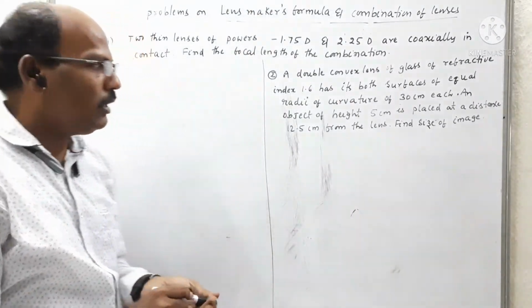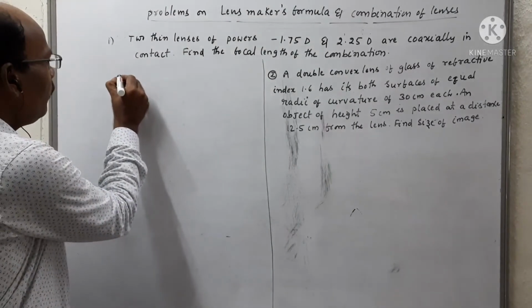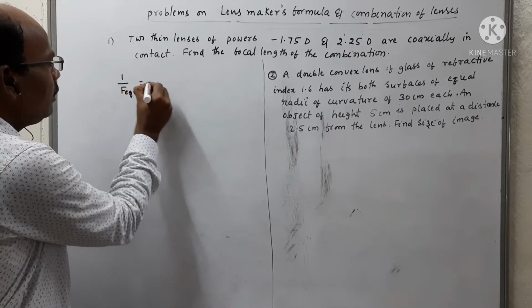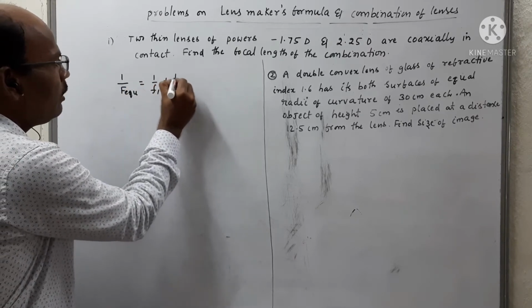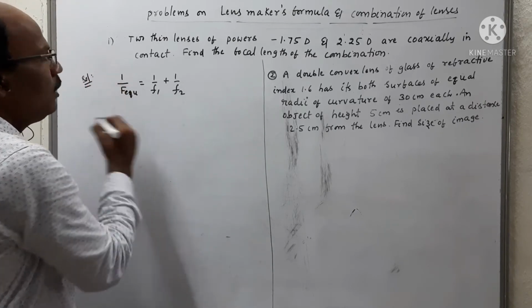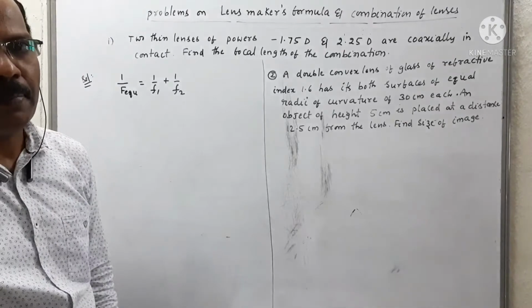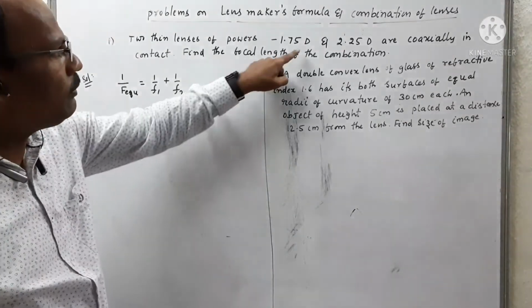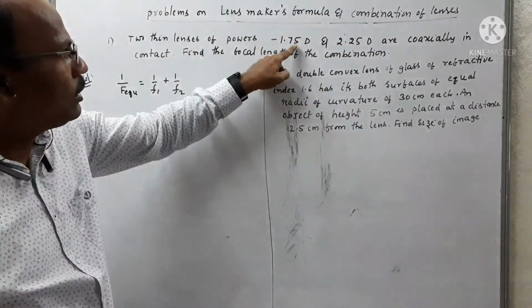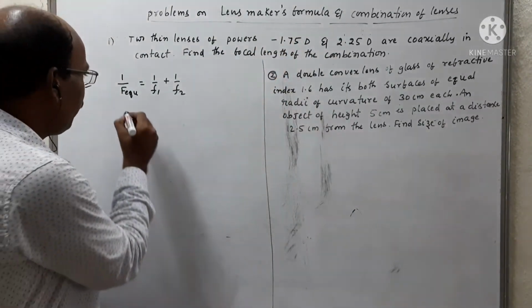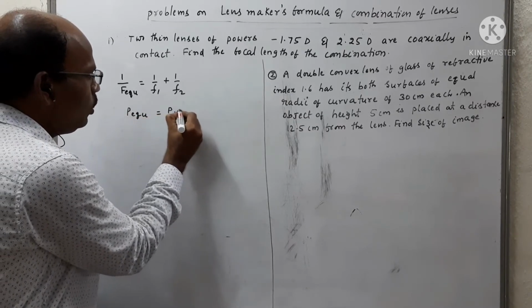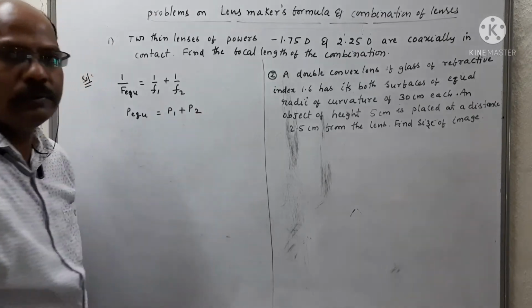So already we derived the equivalent focal length: 1 by F equivalent is equal to 1 by F1 plus 1 by F2. But here the focal length is not given. The power of the two lenses is given. So we can find P equivalent is equal to P1 plus P2.